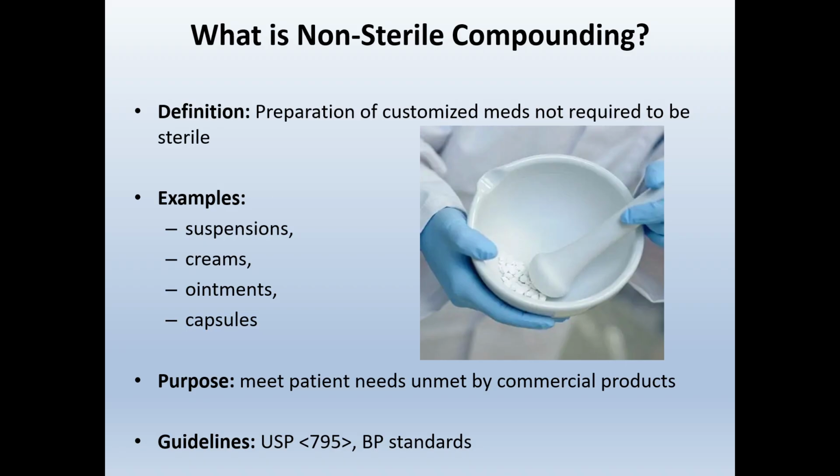If you're going to prepare an injection, something that goes directly into the bloodstream, you have to make sure that it is being prepared in an environment that is completely free of any germs or organisms. Things like eye drops, things that go directly into systemic circulation, spinal fluid, IV fluids, and drips. When we say IV fluids, drips, we have to make sure that the environment is completely sterile.